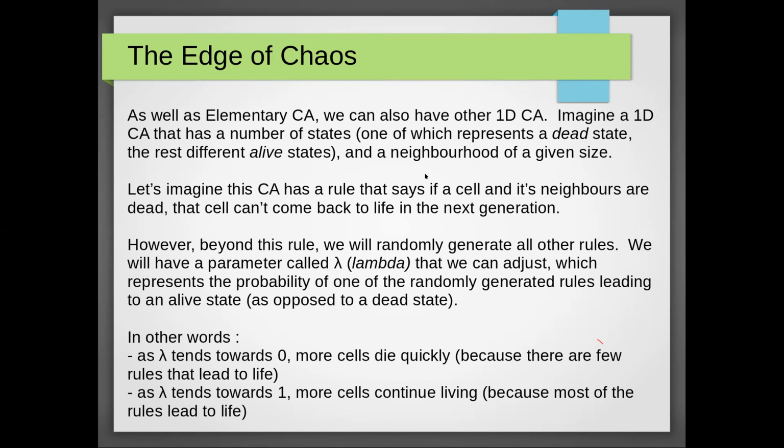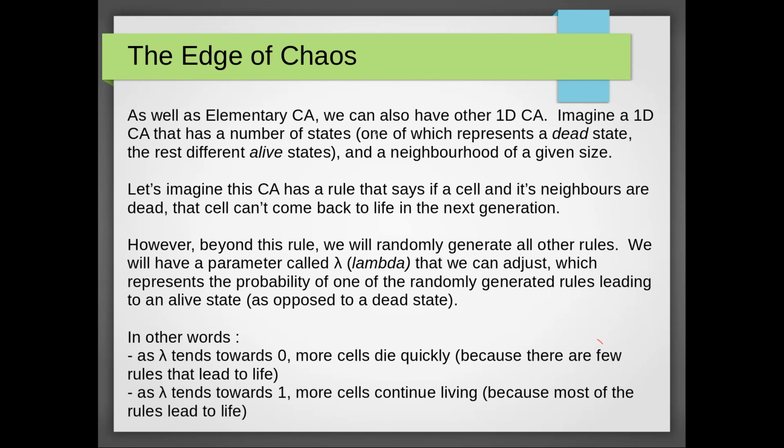Okay, so let's imagine that this theoretical automaton has a rule that says if a cell and its neighbors are dead, then the cell can't come back to life in the next generation. So if it's dead and there's nothing alive around it, it'll remain dead. Okay, that's easy.